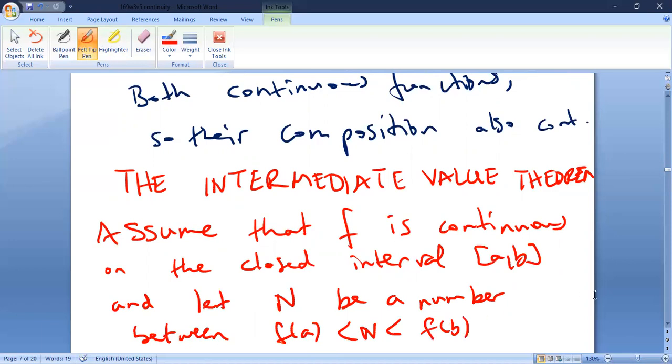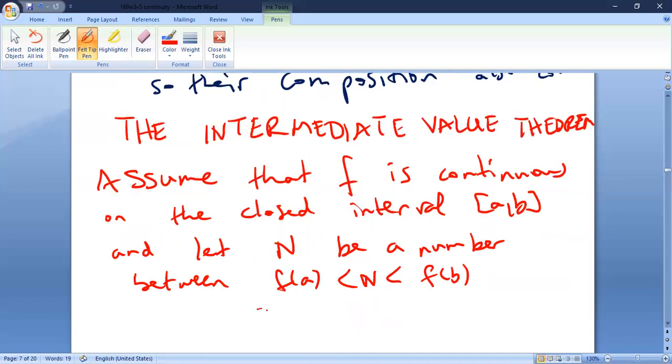Or maybe f of B is smaller. That's a possibility. F of A is bigger.